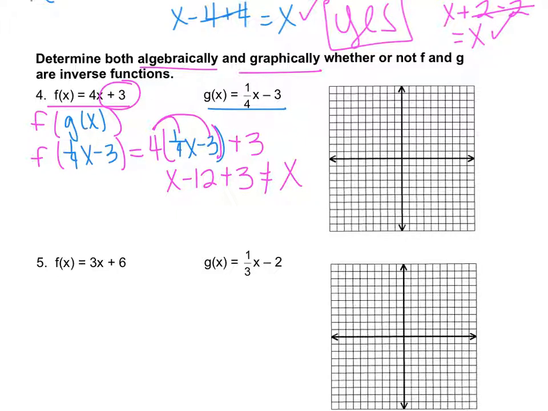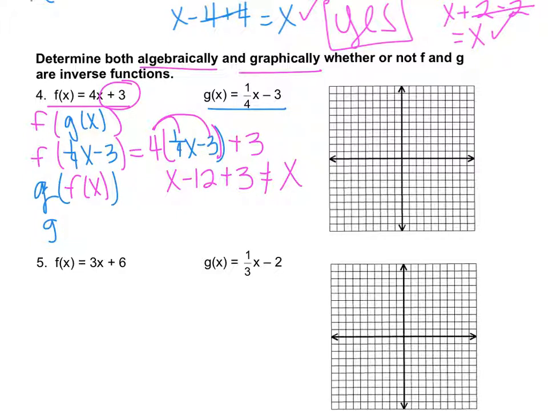Okay, so now I'm going to go ahead and plug in or find g of f of x just in case I made a mistake on this one. So I'm going to do g of f of x. So my input is f of x.